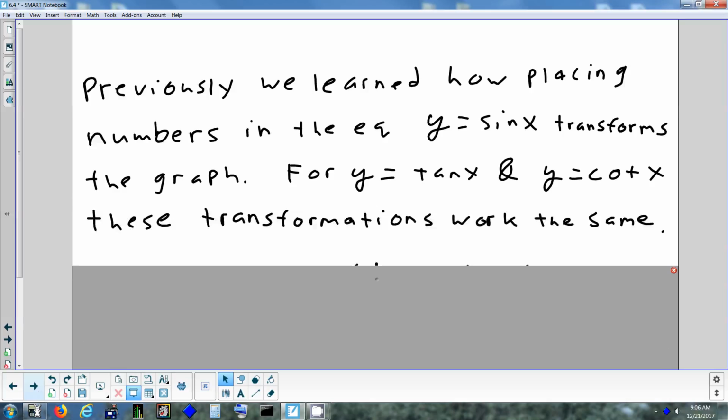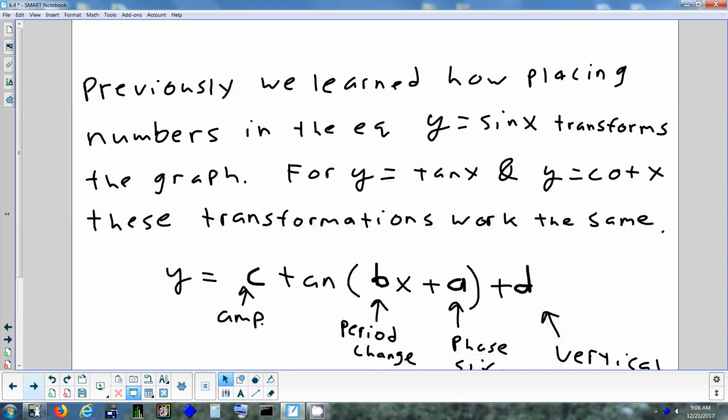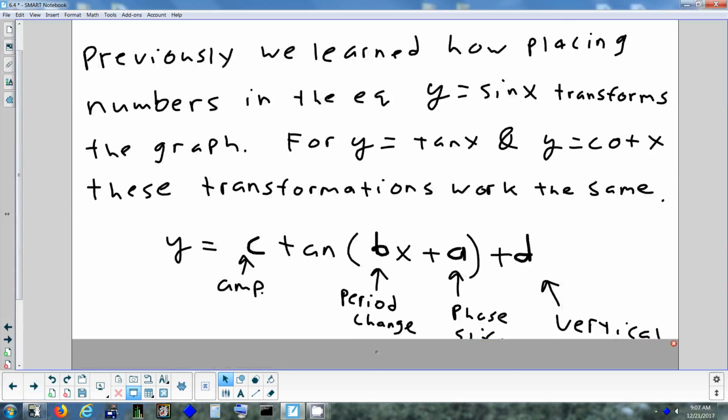So what this is saying is that all transformations work exactly the same as they always have. So if you know the transformations for sine and cosine, you don't really need to write anything down. So adding inside is your phase shift, multiplying inside, period change. Multiplying outside is an amplitude change.